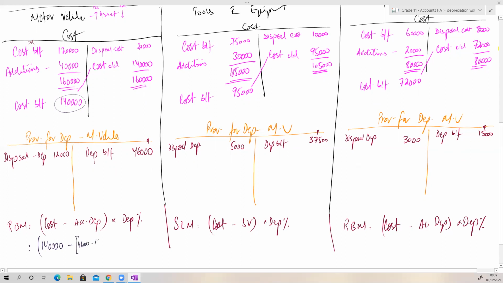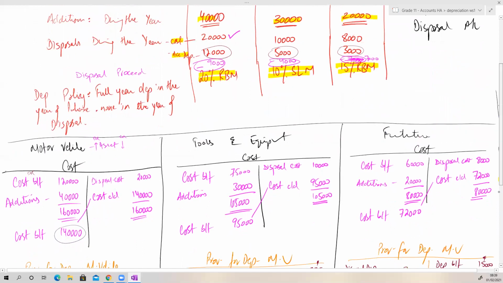Sir, 34. बात समझ में आया? देखो, you brought forward a depreciation of 46 from last year. उसमें से 12 तो तुमने निकाल दी, because the asset is being sold और depreciation asset के साथ साथ चलेगी. You don't have this with you anymore. So times depreciation percentage, which is how much? 20%.